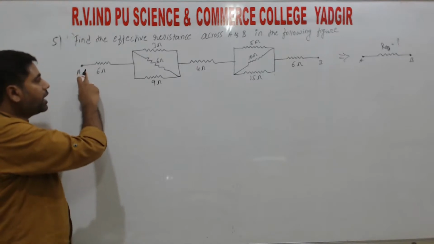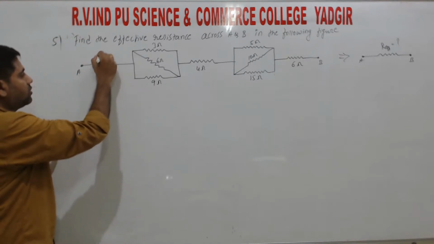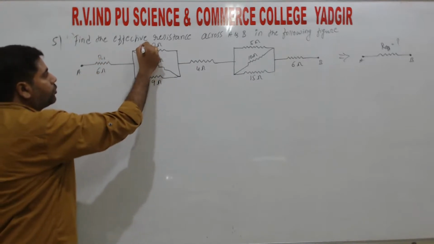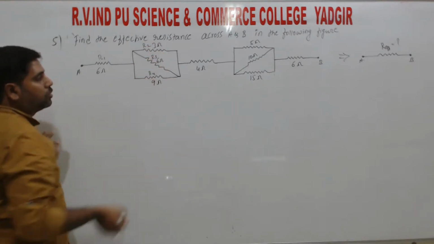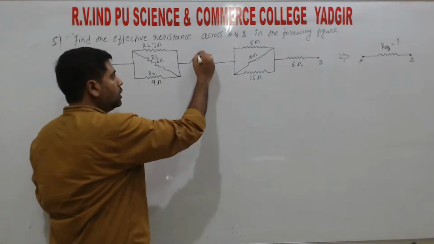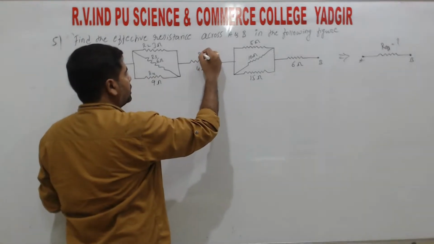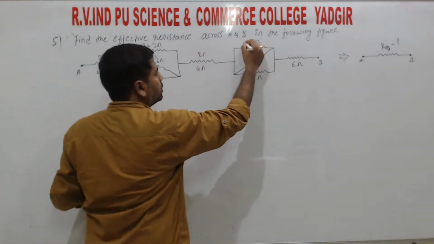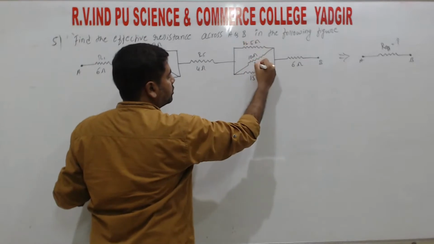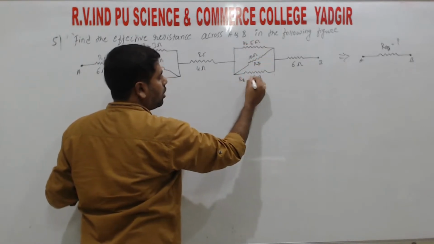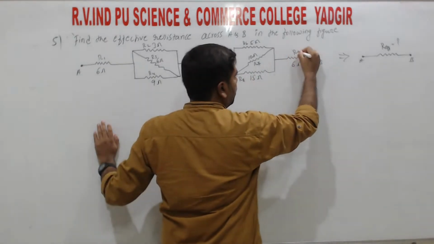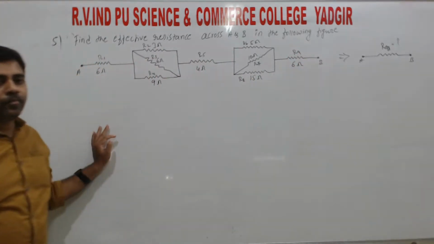So here from A, naming these resistances first R1, R2, R3, R4. You can choose any numbering that is convenient, right? So R5, R6, R7, R8, and R9, right?